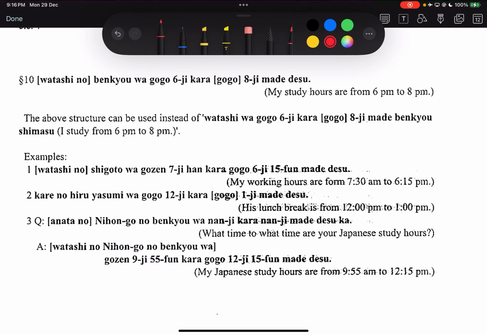Same for study. Study is 勉強します. Remove the します, we just keep the 勉強, and it becomes a noun. So instead of "I study very hard", it becomes "the study was hard".